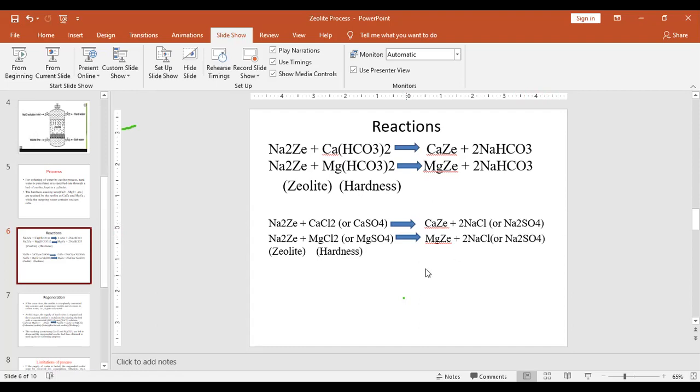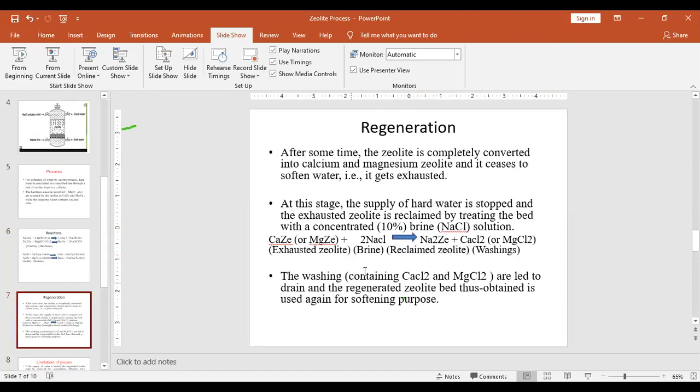Okay. So that way, magnesium sulfate and calcium sulfate are removed from the water in the zeolite method. Okay. So that is what is represented in the reaction.